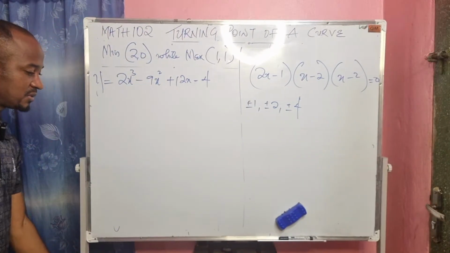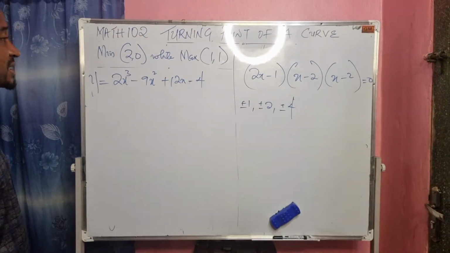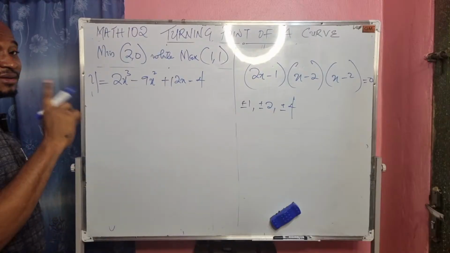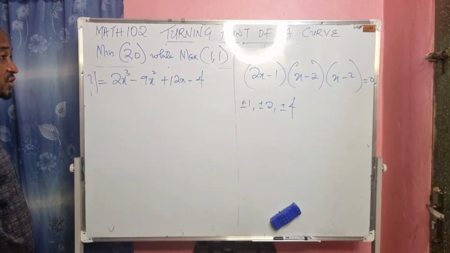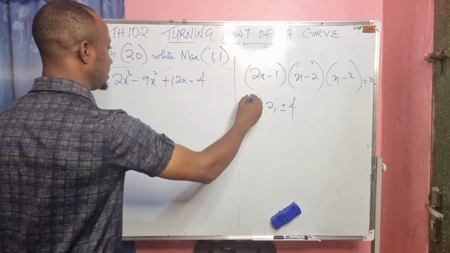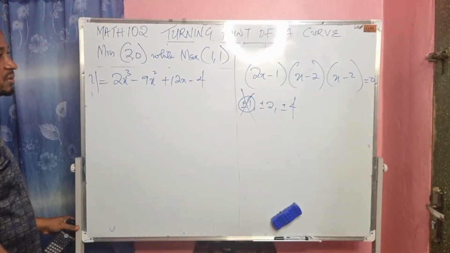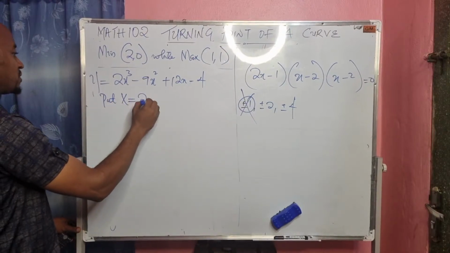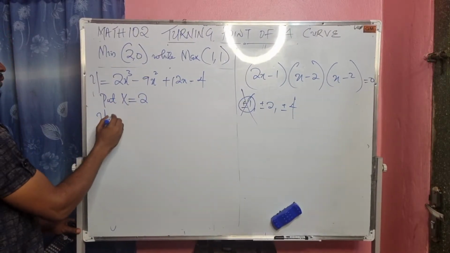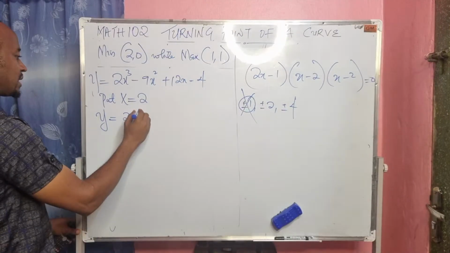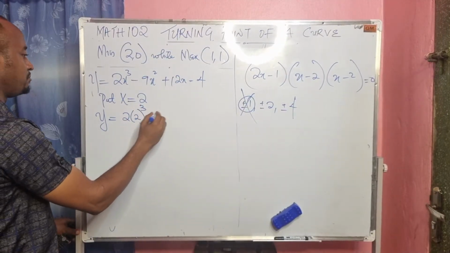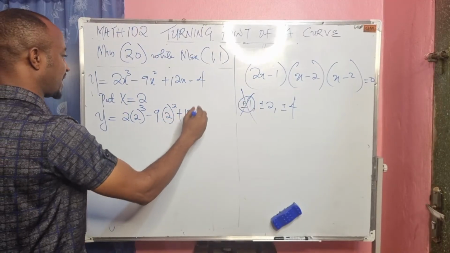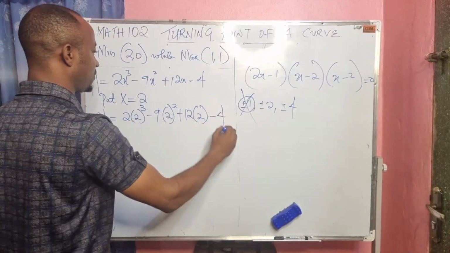What we are doing here is we want to sketch. Before we can sketch the curve for this function, we have to find the root of this function. So we have seen this is not a factor. Let's put x equals to 2. That will give us y equals to 2 times 2 to the power of 3 minus 9 times 2 to the power of 2 plus 12 times 2 minus 4, right?